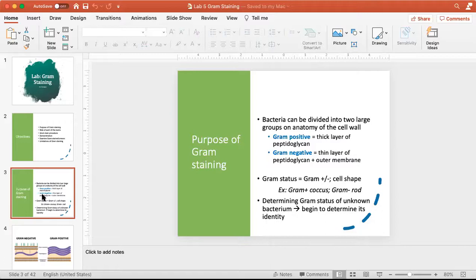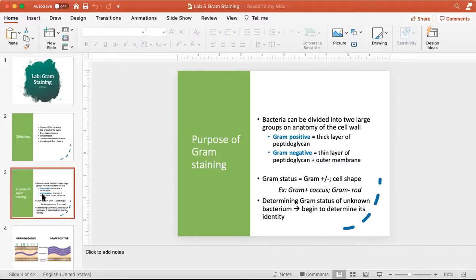Notice that I said whether or not the organism was gram positive or negative, and I also gave you the shape of the cell. So those two things make up what we call the gram status of any bacterium. It's a gram positive or gram negative result plus the shape of the cell.